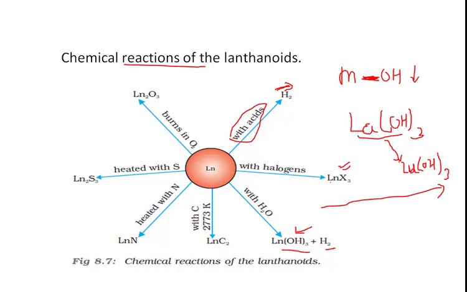Hence we can say that among lanthanoids, basic character goes on decreasing as the atomic number increases. Then they combine with carbon at elevated temperature to form carbides, in the same manner with nitrogen nitrides and with sulfur sulfides. With oxygen, when they are burnt in air or oxygen, they result in the formation of oxides with general formula Ln2O3 showing +3 oxidation state.